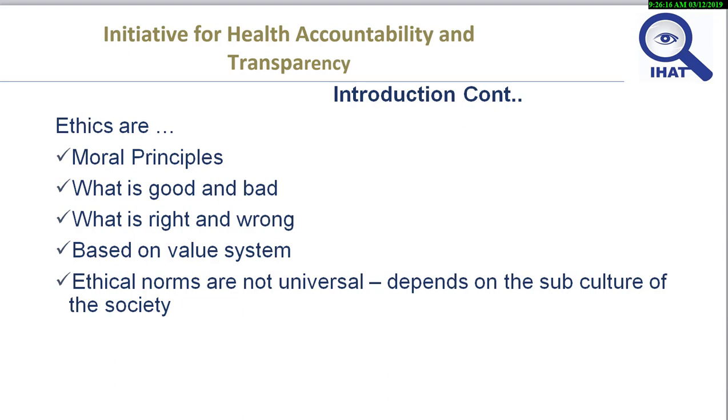Therefore, ethics are moral principles, what is good and bad. Ethics is what is right and wrong. Ethics is based on a value system. Ethical norms are not universal and therefore depend on the subculture of the society.